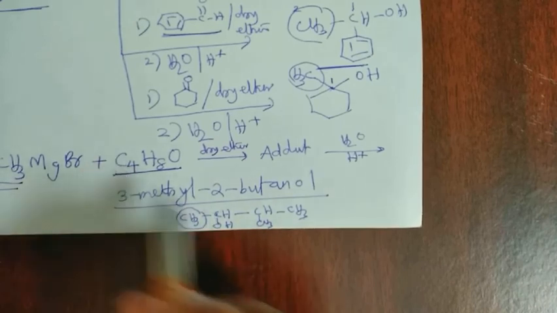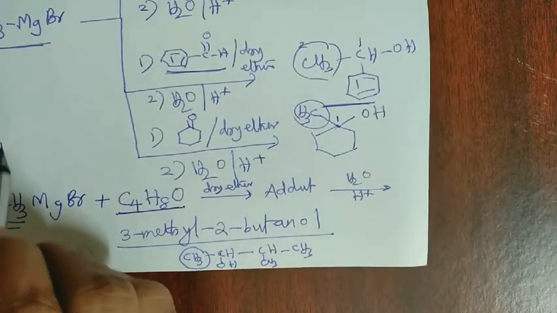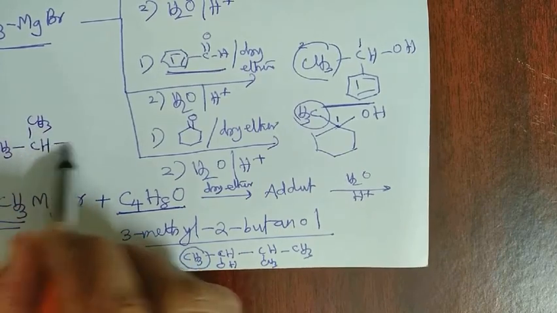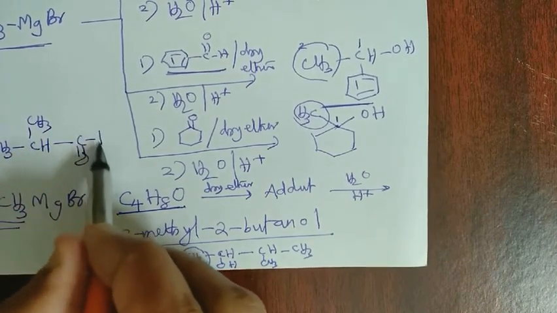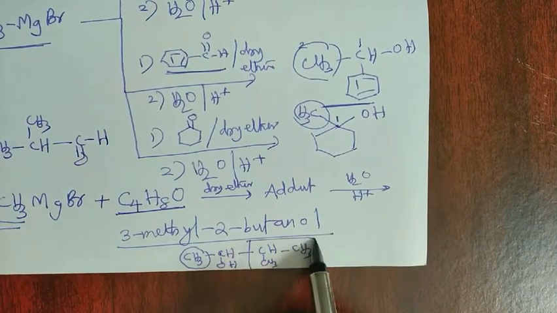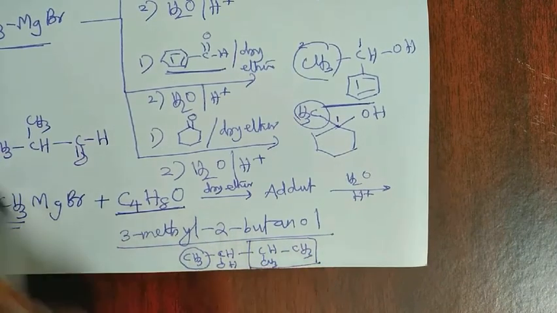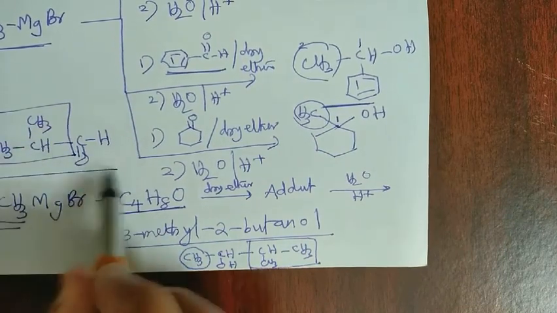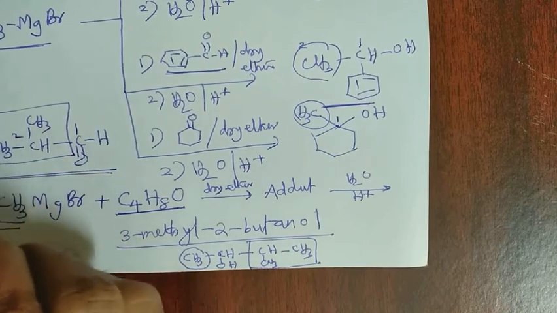So the aldehyde should be 2-methyl propanal. This isopropyl group should be present in the structure of the aldehyde. So the aldehyde is 2-methyl propanal.